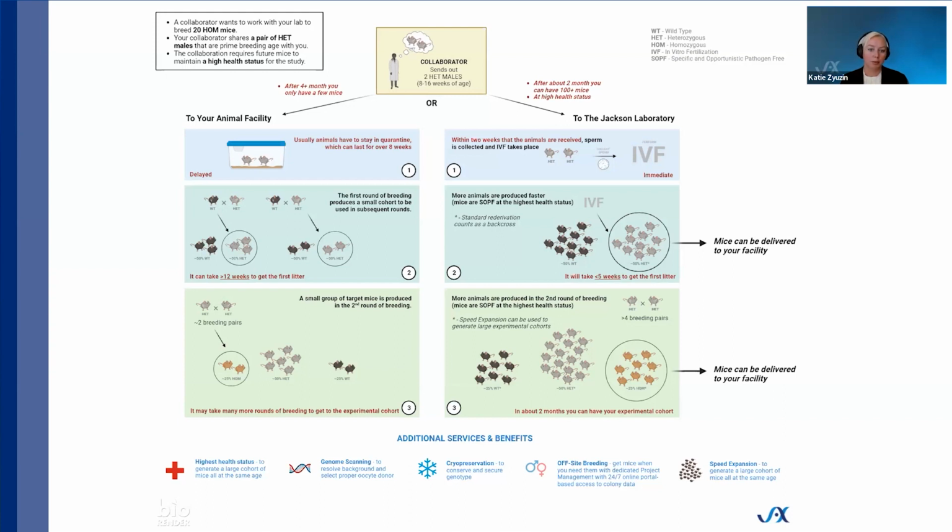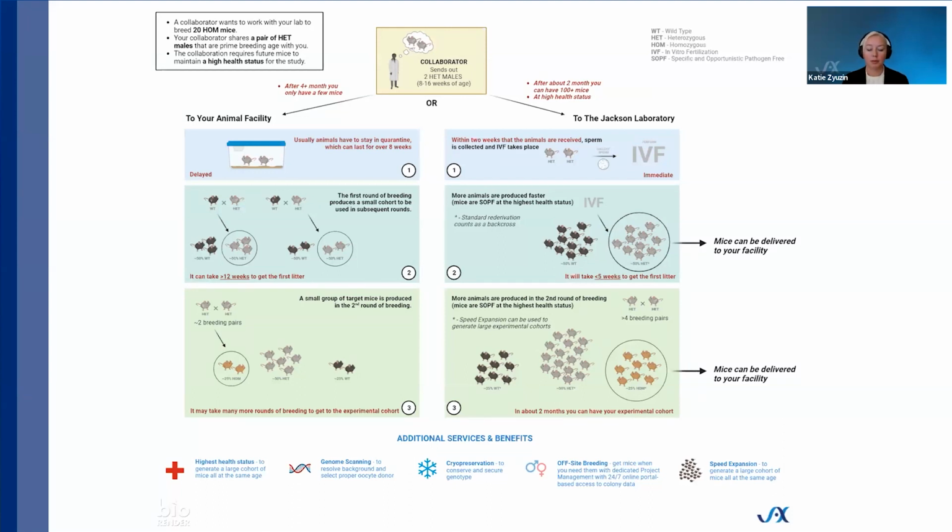When you bring your strain to JAX during the importation steps, the gametes from the shipped animals are used for in vitro fertilization procedure, or IVF. The procedures that are used for this step ensure that the animals are recovered into the highest specific and opportunistic pathogen-free status.